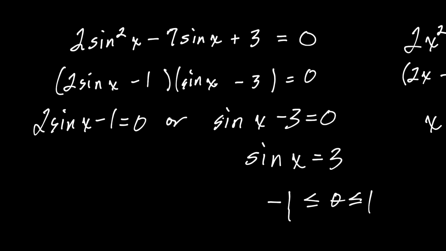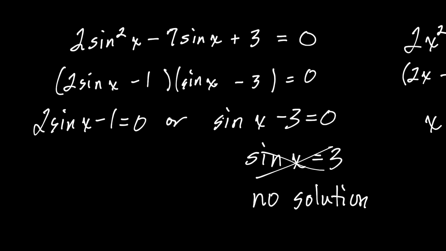There are no angles that have a sine of 3. You could have a tangent of 3, but you'd never have a sine or a cosine, for that matter, of 3. So what do we say here? This is no solution. No solution to this piece. Or sometimes people just cross it out like that.